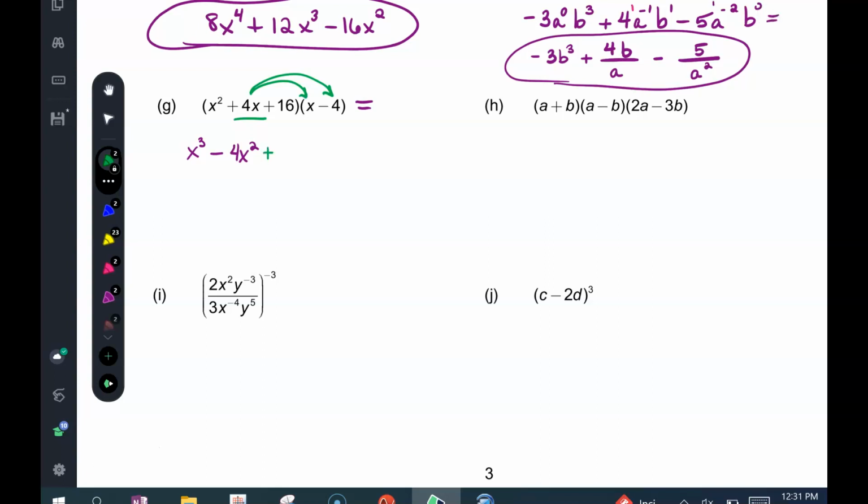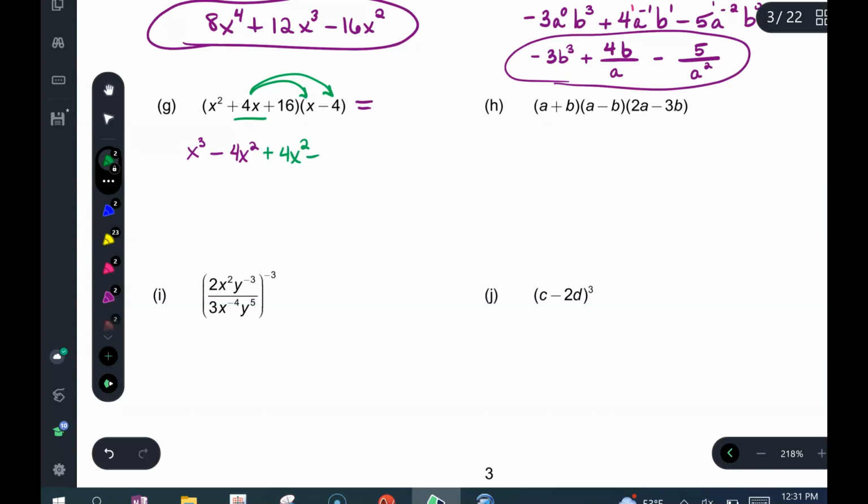We'll get the same answer. So it's going to be plus 4x squared minus 16x. And last here, plus 16x minus 64. Oh, looks like a lot of this stuff cancels. So what do we get? X cubed minus 64.